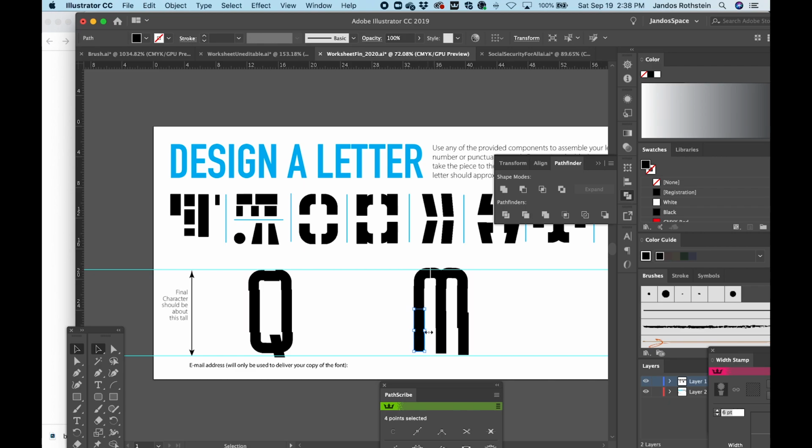So what I'll be asking of undergraduates in the class is to make a complete set of letters, and the choice is yours. They could be uppercase or lowercase, and just A to Z, a complete set of letters, and also one punctuation mark of your choice, but it can't be a period or a comma. It could be any other punctuation mark, or it could be any of the symbols.